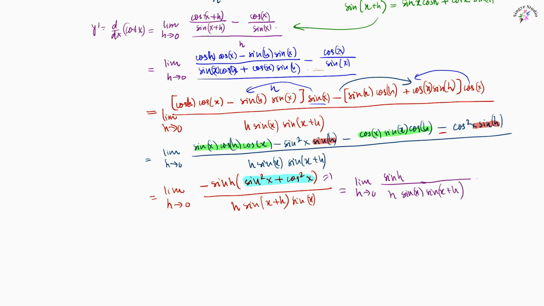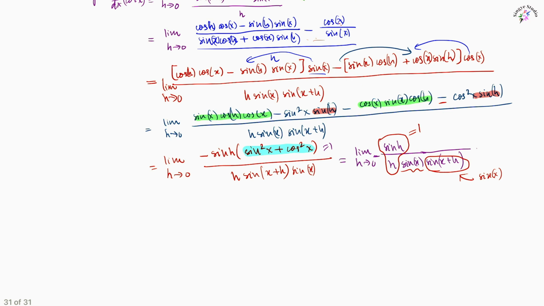And it seems that we can evaluate this limit right now, because we know that this term will go straight to 1, and here this term, when h approaches 0, will approach sin x. Here we also have sin x. It will be negative 1 upon sin square x only, right? So it will be just negative 1 upon sin square x, which is negative cosecant square x.